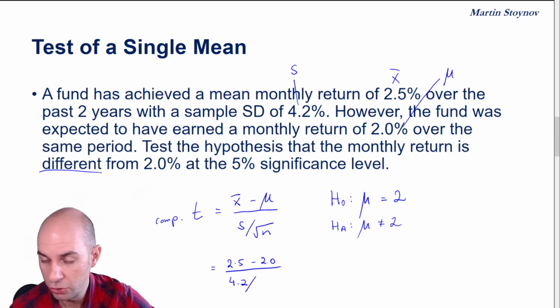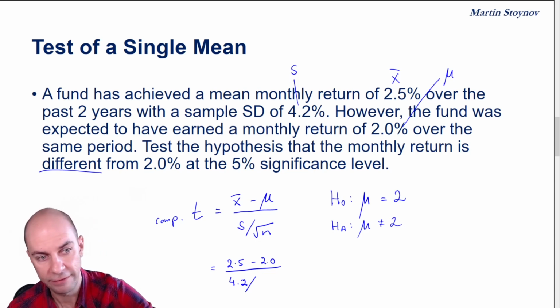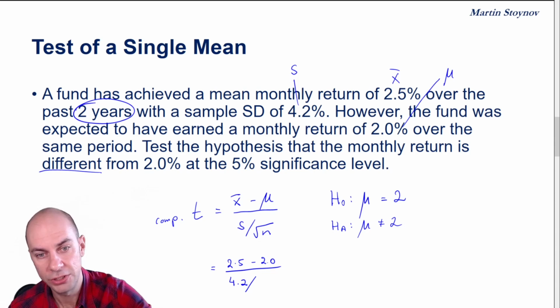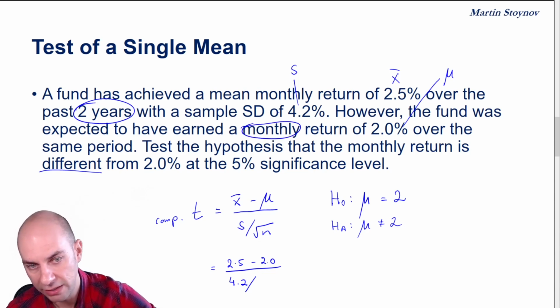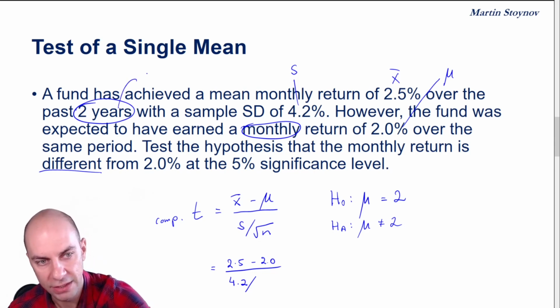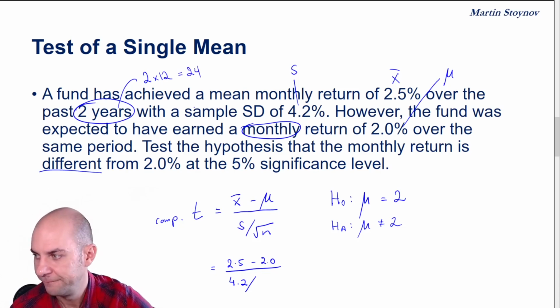Now, do be careful here. We have 2 years' worth of data, but it's all expressed as monthly returns. So it's actually 2 years of monthly data, or 24 observations.